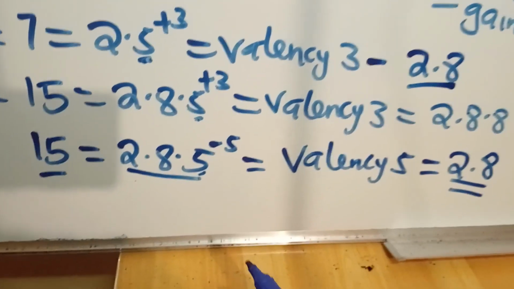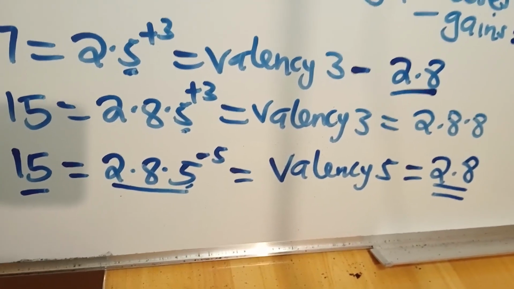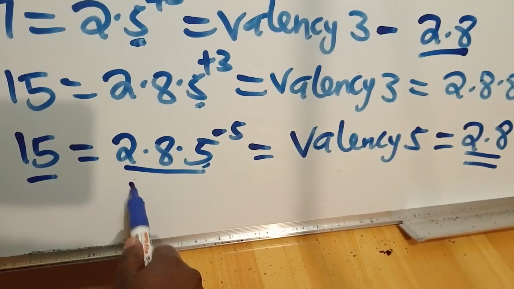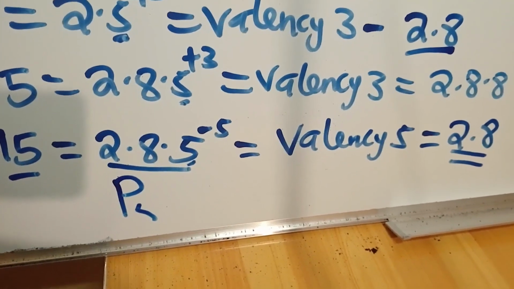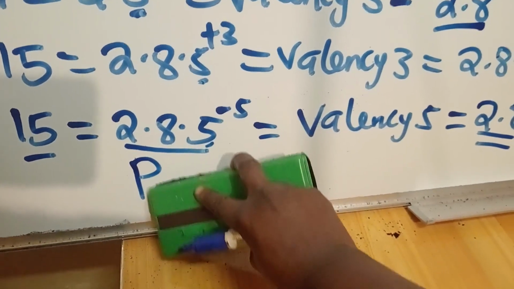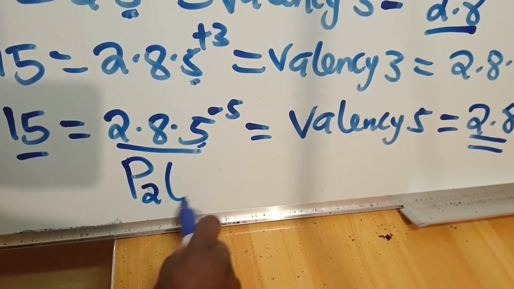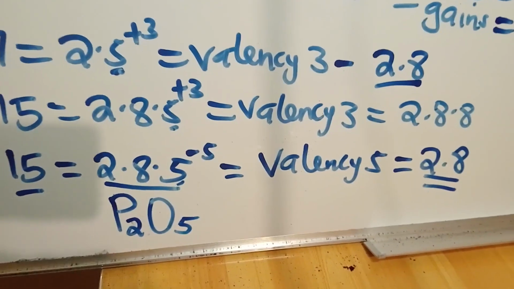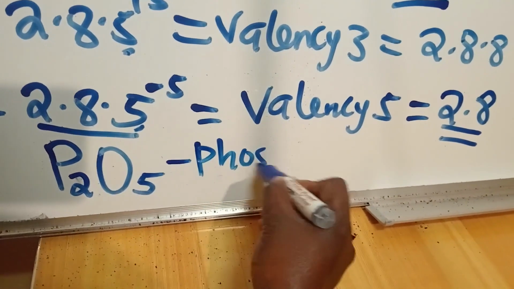Then just a reminder, and for those of us who are able to interpret information in agriculture, we have this P2O5. We call it the phosphorus pentaoxide.